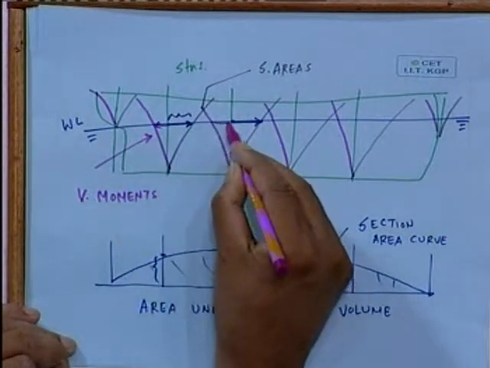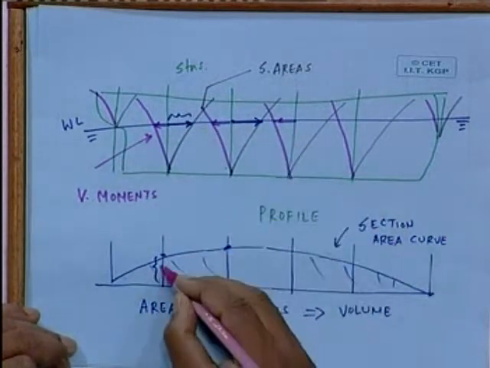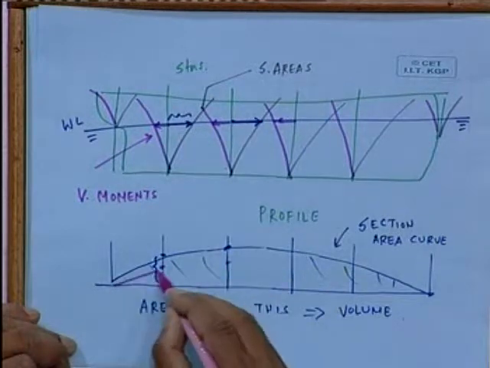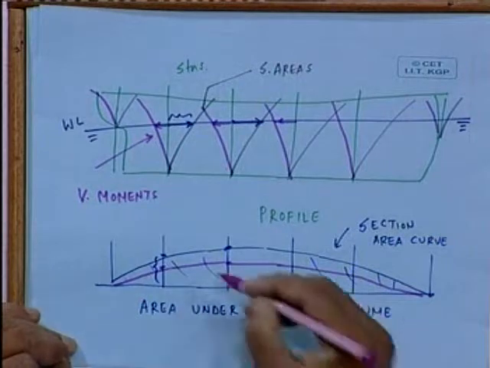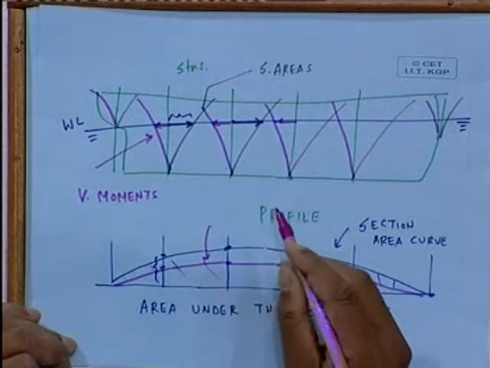Now exactly same way, if I want to take the moments, I take these moments now, these values, see this value here, and draw a curve of vertical moment of section.